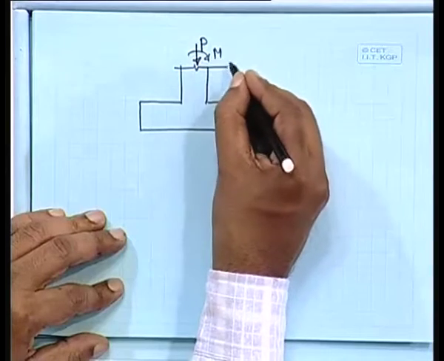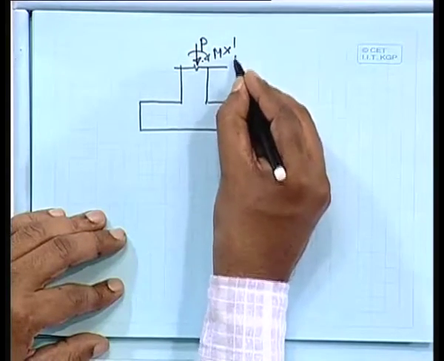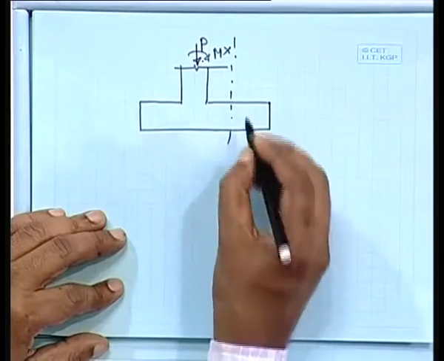or in other way I can say instead of having M here, I am not providing M here. What I am doing is as if it is at a distance.